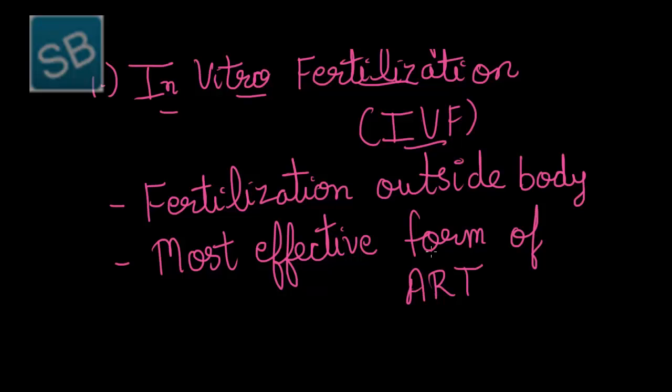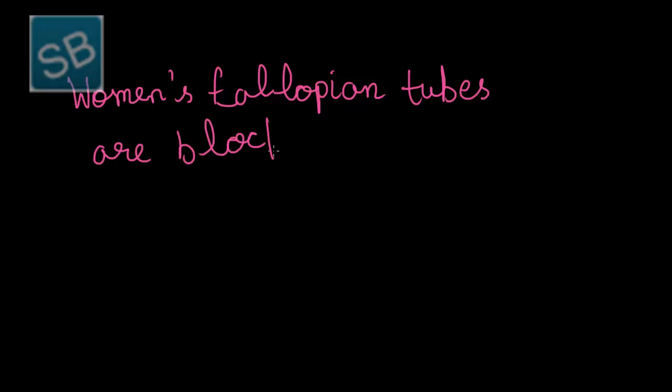Apart from that, in this method, the woman's fallopian tubes are blocked or when a man produces very few sperms.